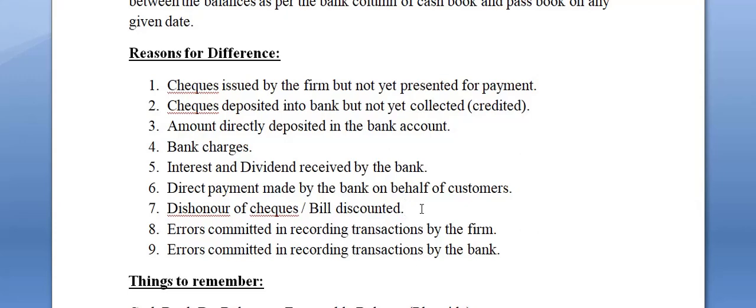Okay, and similarly that error can be committed by the bank also. Okay, so in that case, there will be the difference between cash book and passbook. You must have heard in the news that in Bihar, in many bank accounts, lakhs and crores of money got deposited.